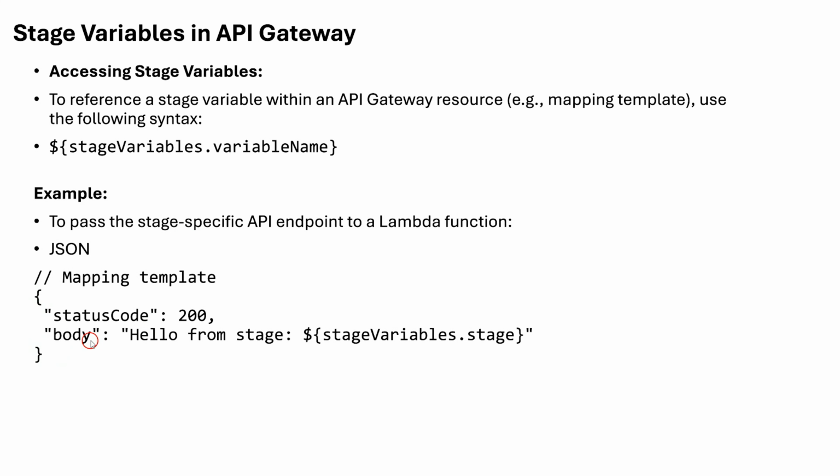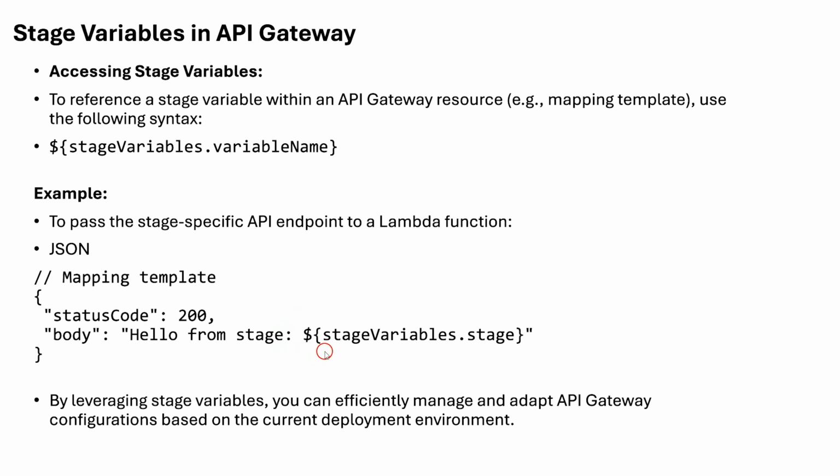In the Lambda, if I write "hello from stageVariables.stage", this represents the stage which we are passing from API Gateway. You can pass the stage as prod, dev, test, v1, v2, v3, anything. This is how you can reference your stage variables.